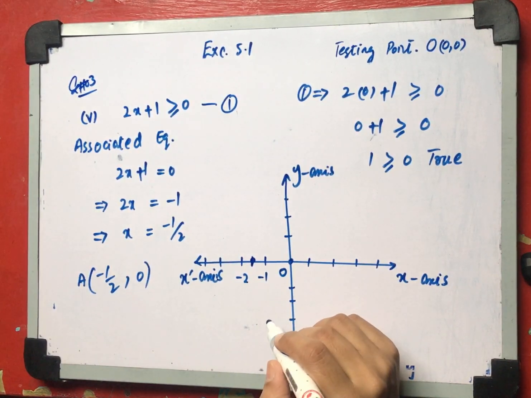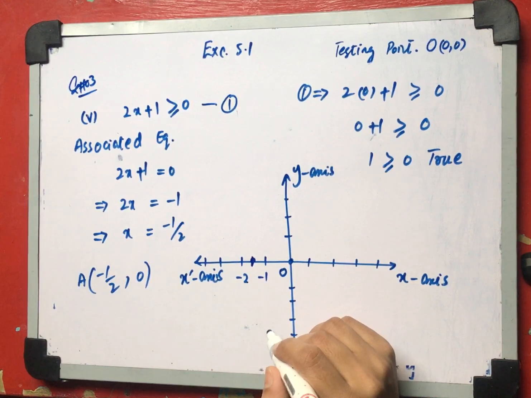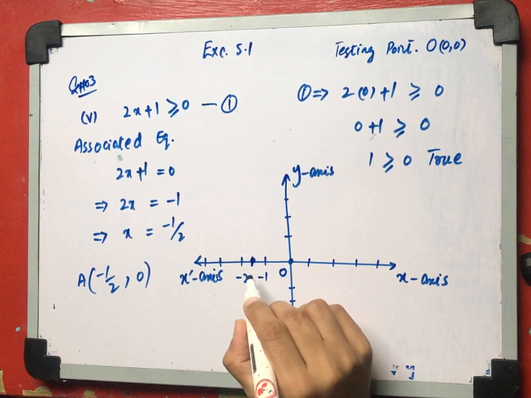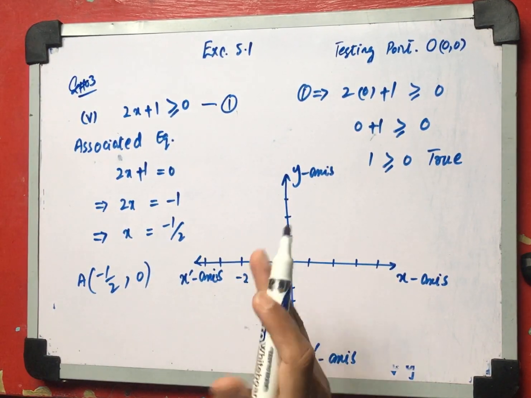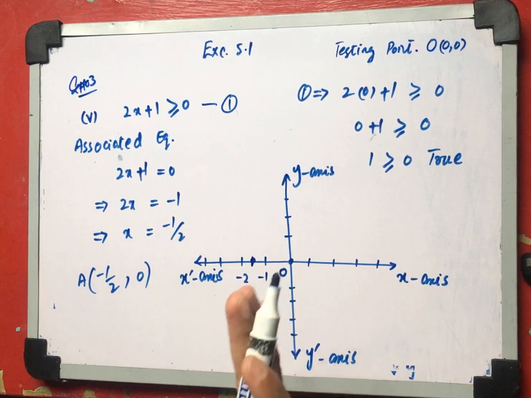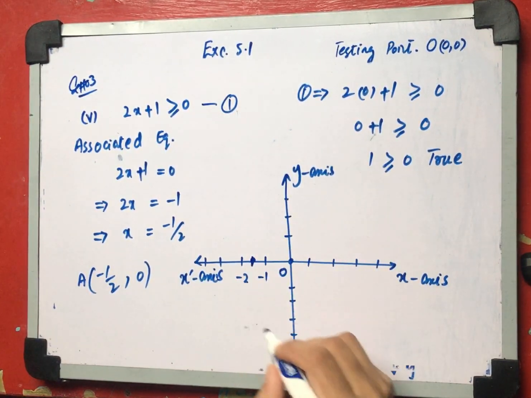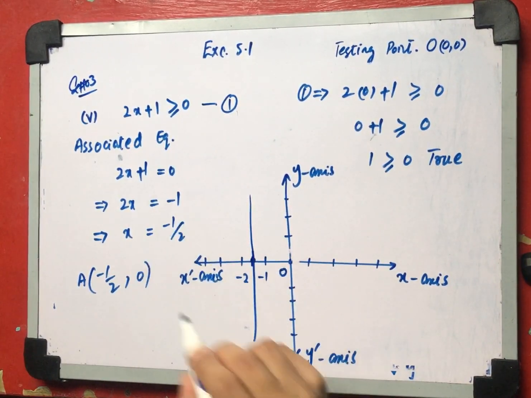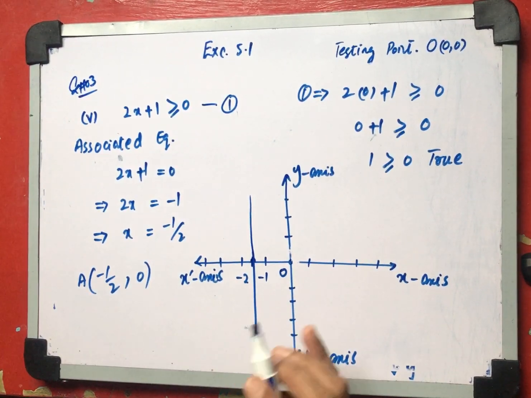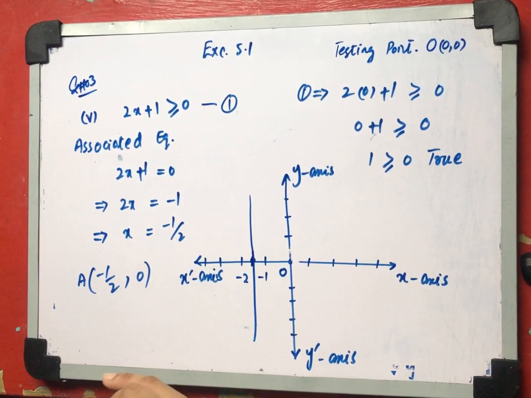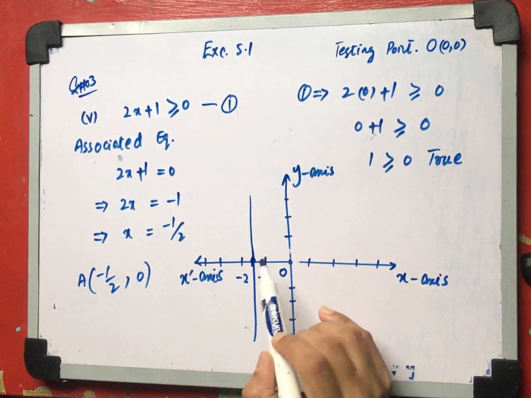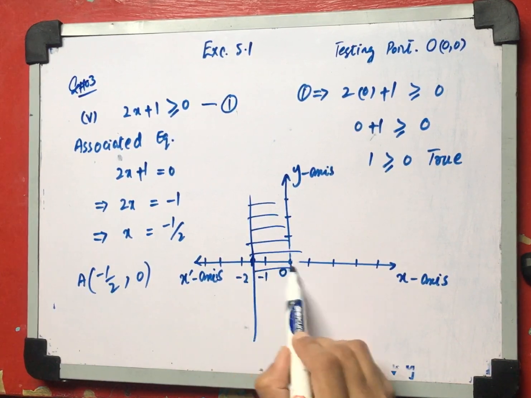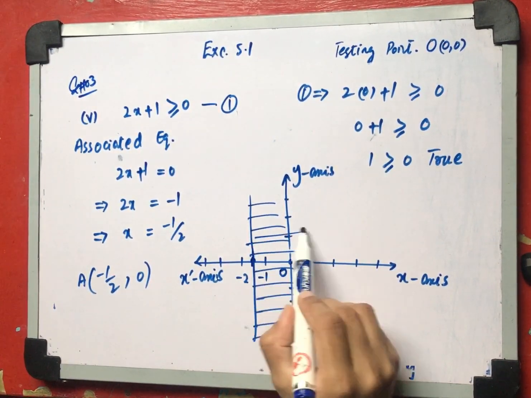So what will be the line of this inequality? If the variable is x, then the line must be parallel to the y-axis. Okay, the line is a vertical line. So the graph for the given inequality is like this: the vertical line at the given value of x. The condition is true, so we will shade like this towards the origin.